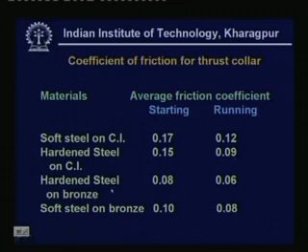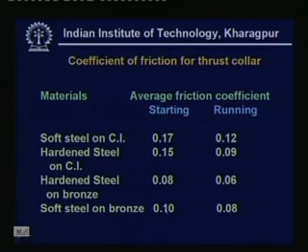Then the hardened steel on bronze, now you use the bronze which is a softer material, then of course the friction becomes very small. When you use the hardened steel and bronze, it becomes 0.08 in starting conditions, that is the static coefficient of friction, and the kinetic coefficient of friction is 0.06.